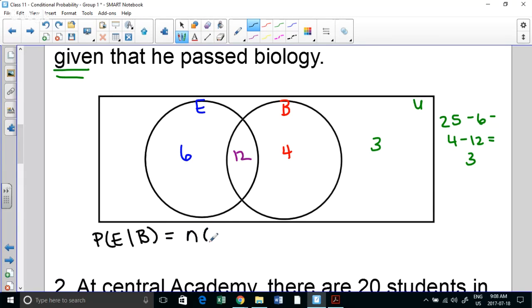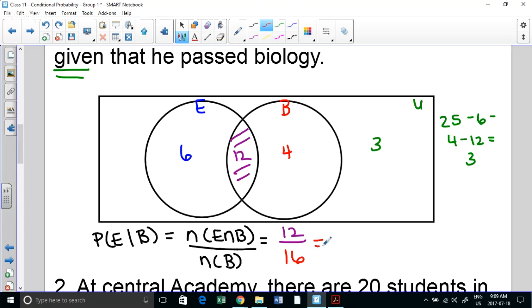We have the number of the intersection between them and the number of just biology. The intersection between them is this middle part, and the number in biology is the total, 16. So we just divide, and this gives me 0.75.